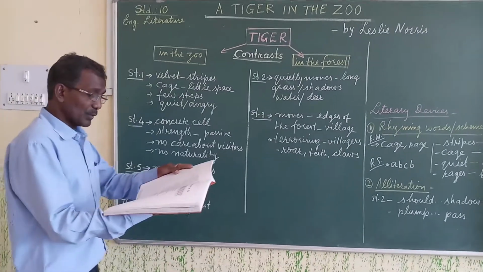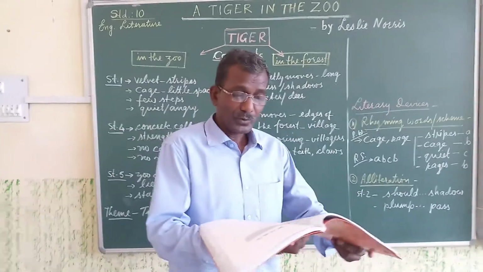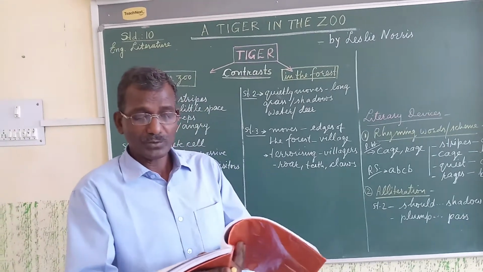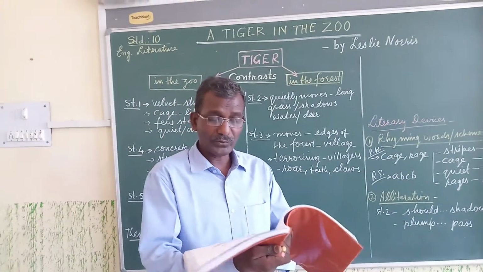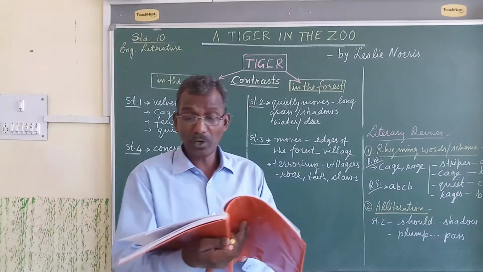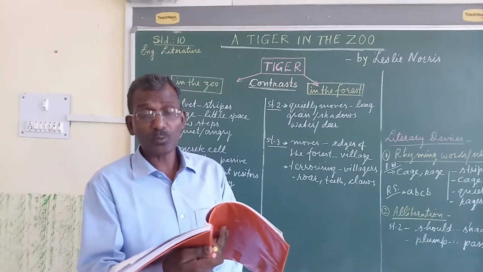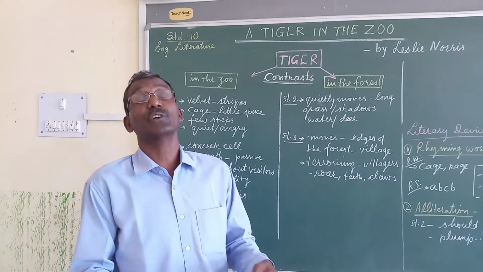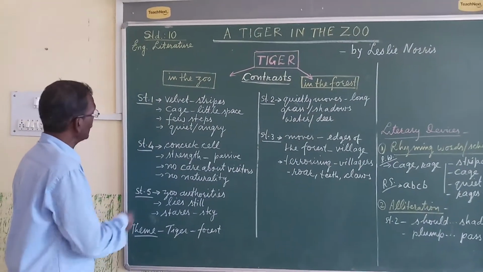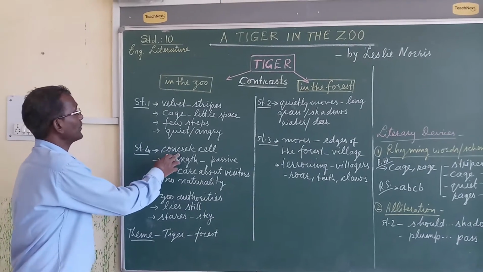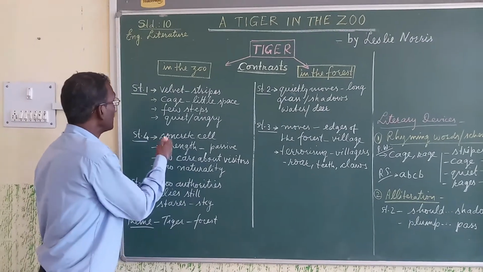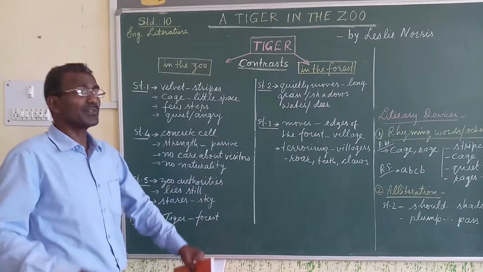Let's continue with the 4th stanza. In the 4th stanza, the poet describes the tiger in the zoo. He says, but he is locked in a concrete cell, his strength behind bars, stalking the length of his cage, ignoring visitors. Whenever the tiger is in the cage, within the small concrete area, he cannot use his tremendous strength.